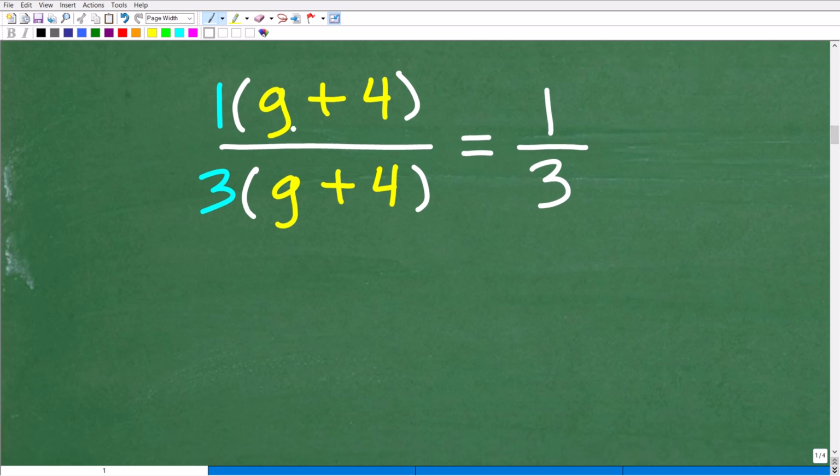Up here we had a g plus 4, but notice I have a 1 right there. 1 is always a factor of anything, so I'm writing a 1 right here because it's not obvious. Here's the GCF, 3 times g plus 4. So what are we going to do? Well, we're going to cross cancel our like factors. So g plus 4 and g plus 4 we can cross cancel, but a lot of students will get confused.